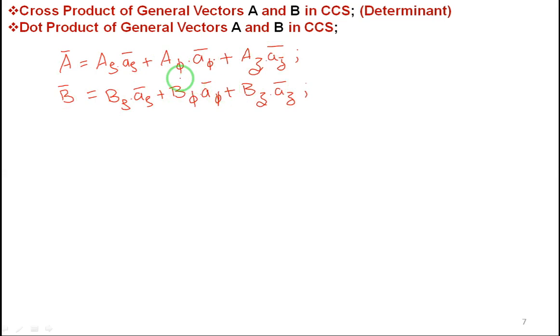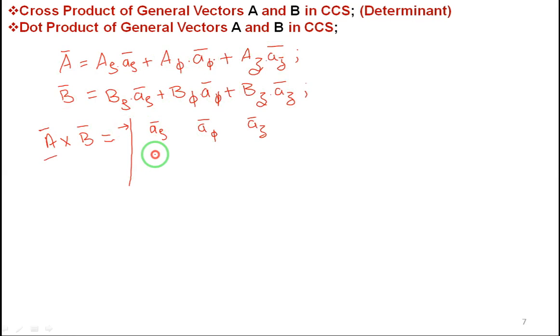Yes, this is the cross product. Next we will take the cross product, vector a cross vector b. So next we will take the help of the determinant. We will not use the definition of cross product. In the first row we have to write the unit vectors, just as we have written for rectangular coordinate system: a rho, a phi and az.